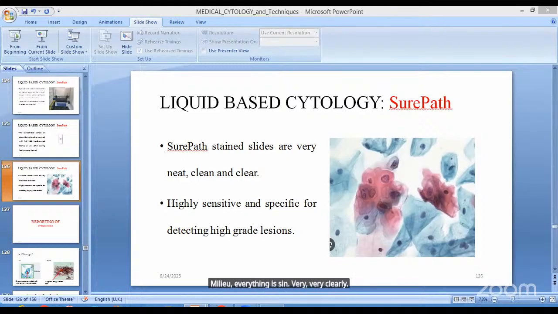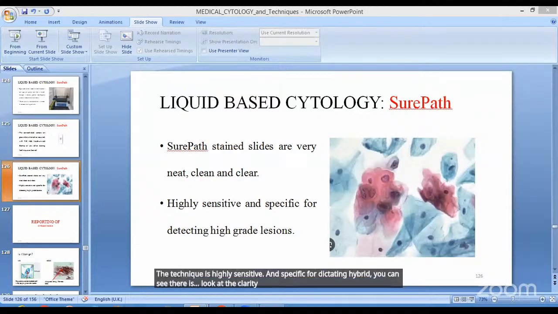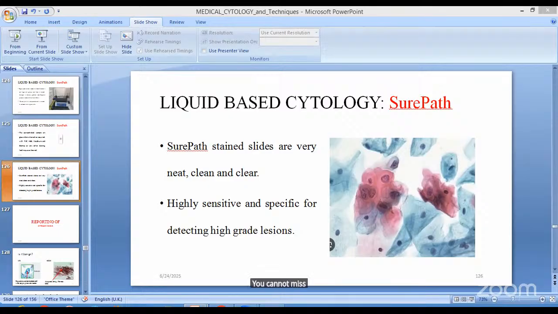That's what makes it different from the conventional PAP, where your background is dirty or full of debris. The technique is highly sensitive and specific for detecting high-grade lesions. Look at the clarity. That's why it is highly sensitive for detecting high-grade lesions. You cannot miss it.